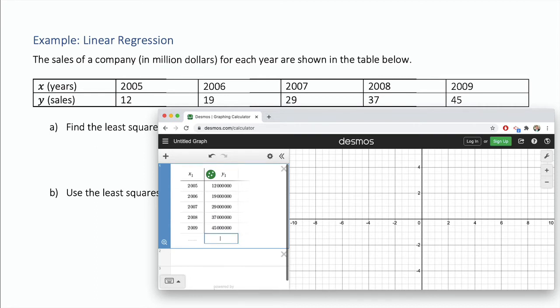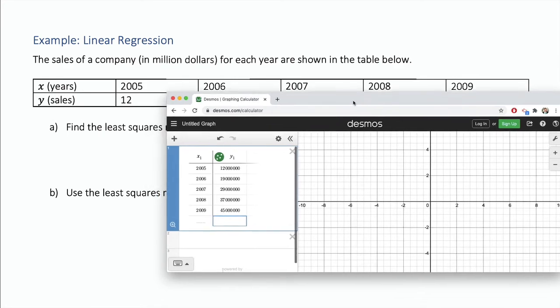Those are our points. Sometimes people will take the years and truncate them, so x is 5, 6, 7, 8, and 9, and leave the y values as 12, 19, 29, 37, and 45. It's totally up to you, but just make sure that you're being consistent in what you're doing.